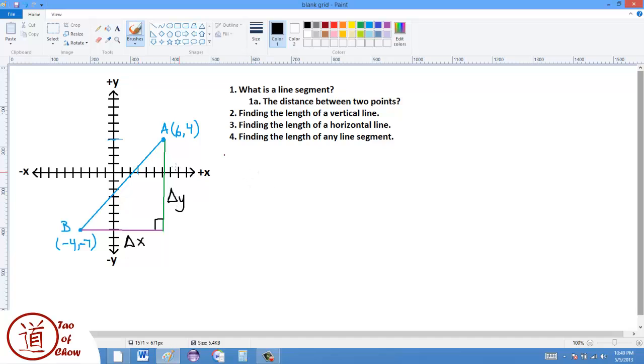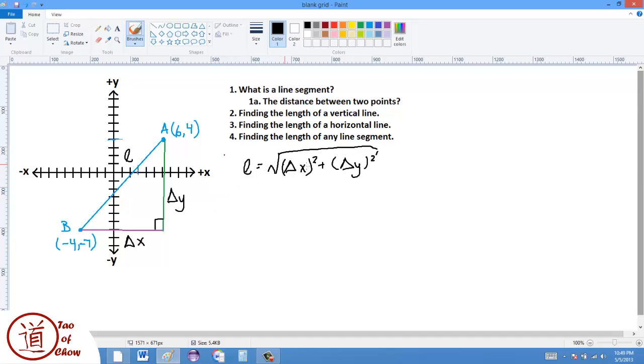If I was going to use the Pythagorean Theorem, I'll call this length. Then the length would be equal to the square root of the change in x squared plus the change in y squared.